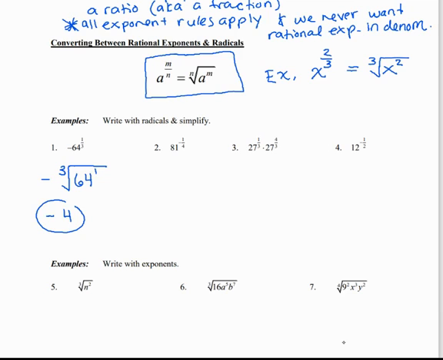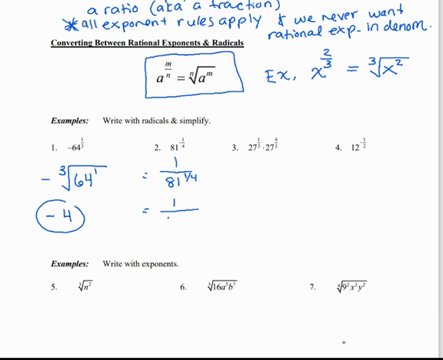Number 2 says 81 to the negative 1/4. So be careful here. If I have 81 to the negative 1/4, I have to first apply my exponent rules. We never want negative exponents. So this will be 1 over 81 to the 1/4. Now that we have a positive exponent, we can actually simplify this. So we're going to change this to radical form.